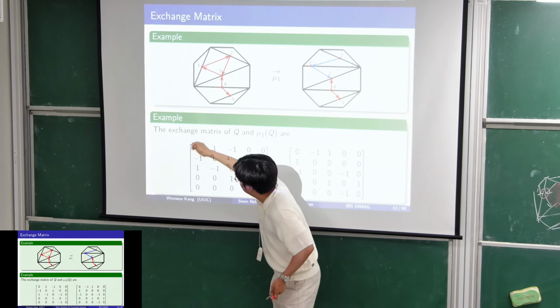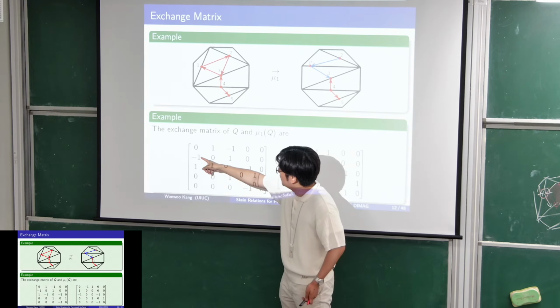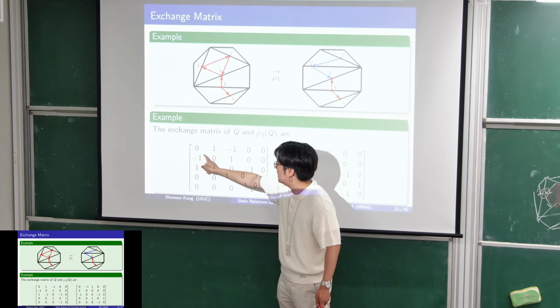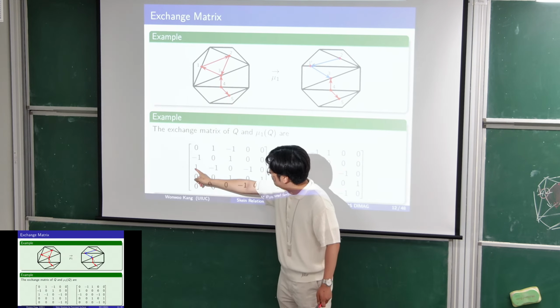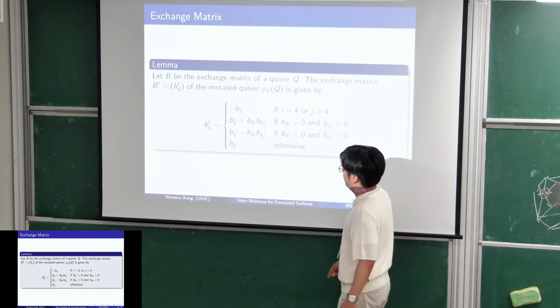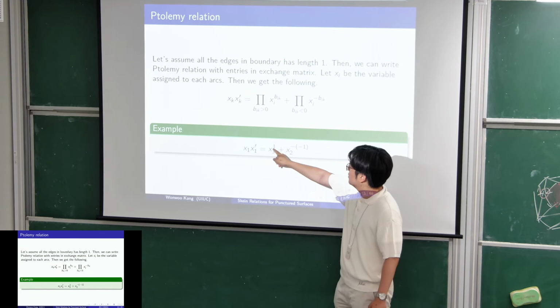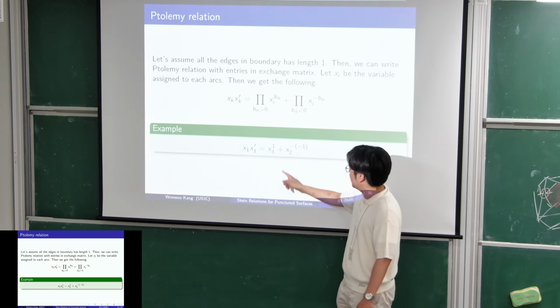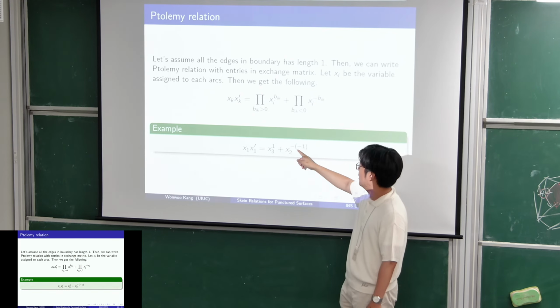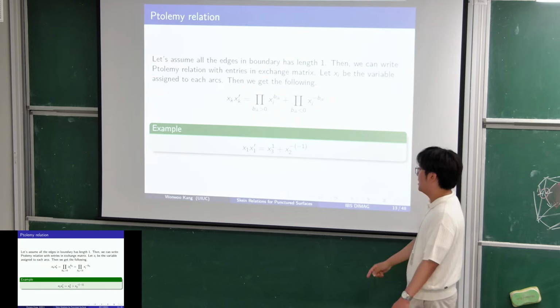If you look at the first column, b_21, the second row is minus, and the third one is plus. So x3 should have power 1, and x2, which was minus 1, has an absolute value, which is just 1.